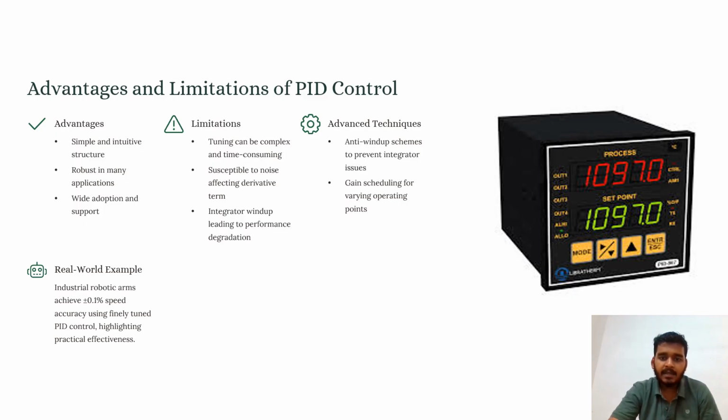Advanced techniques: anti-windup schemes to prevent integrator issues, gain scheduling for varying operating points. The real world example is an industrial robotic arm achieving plus or minus 0.1% speed accuracy using fine-tuned PID control, highlighting practical effectiveness.